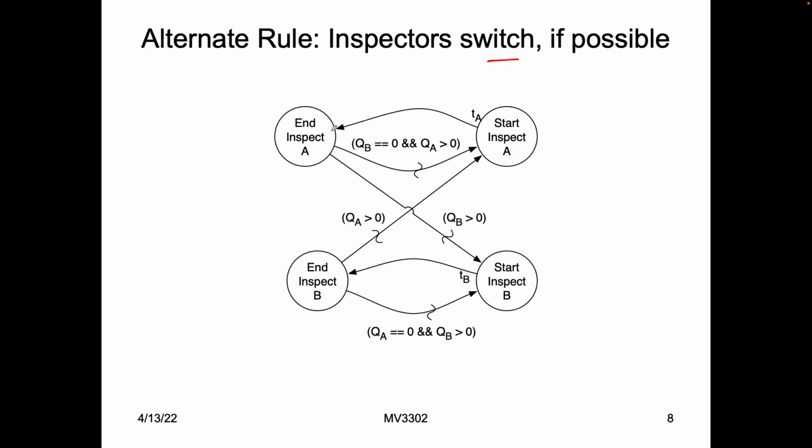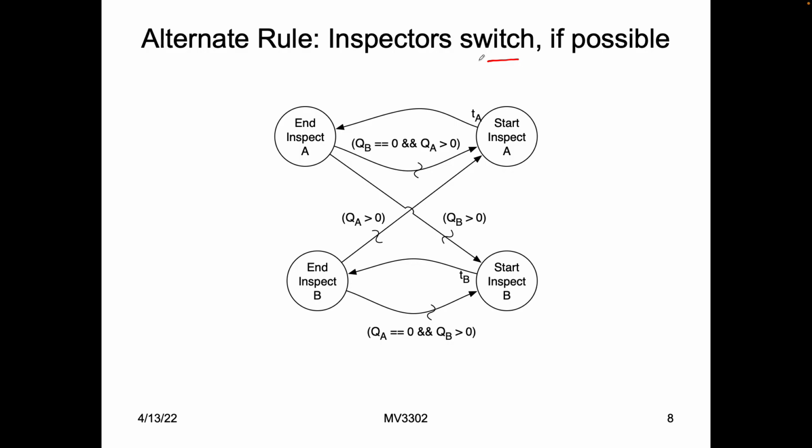So what that means is that if I finish inspecting an A, I'd rather inspect a B. Okay, why would one prefer that? Well, because presumably in the reassembly piece, if I have parts that have finished inspection, then they need to be matched up. If I always prefer part A, then what's going to happen? I'm going to have a big pile of part A and no Bs, and then I won't be able to match them up because there'll be a mismatch.